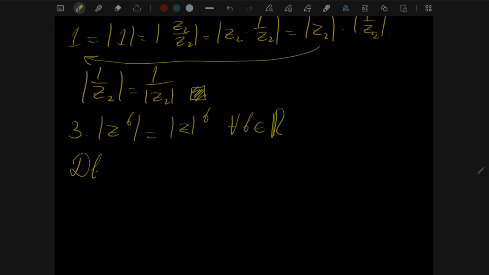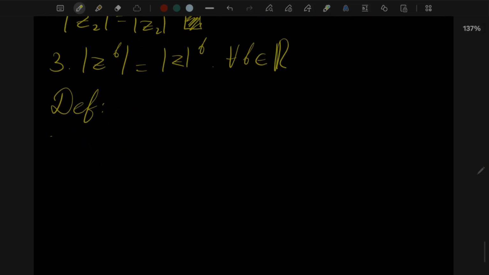Now we define finally the complex conjugate. So the complex conjugate z bar is defined as a minus bi for z that is equal to a plus bi.